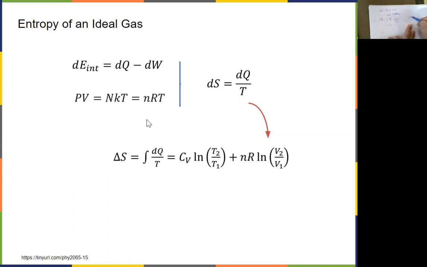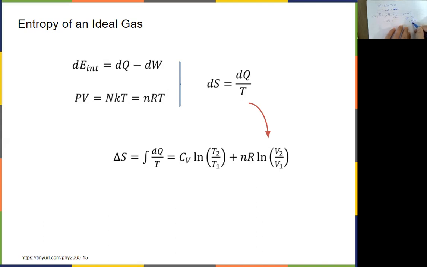On the second part, dW over T is equal to P over T dV. Now P over T: from PV equal to nRT, P over T will be equal to nR over V. So this is nR over V dV.